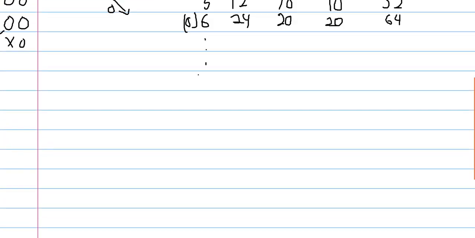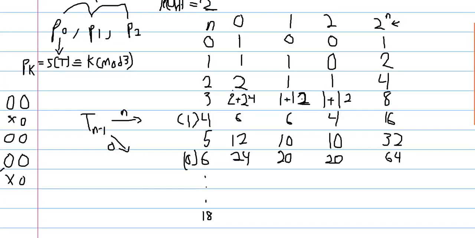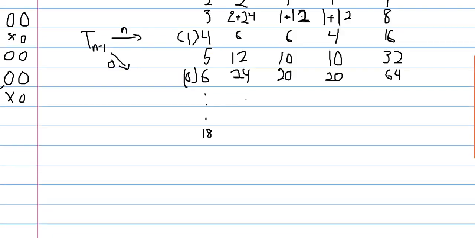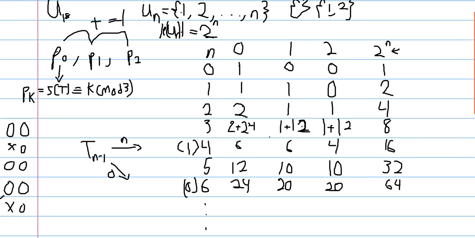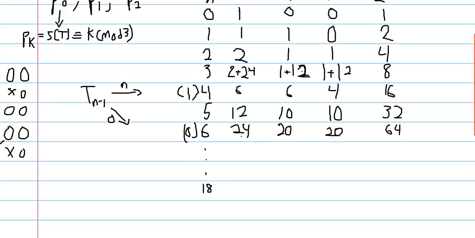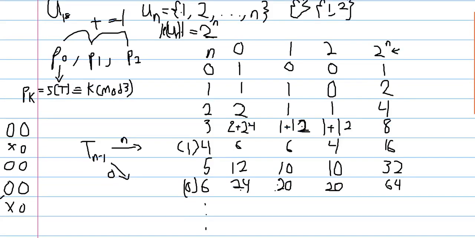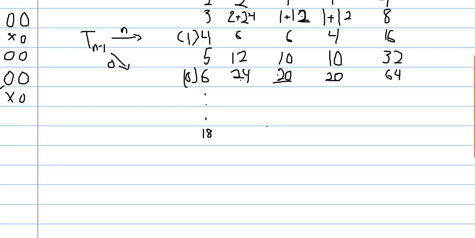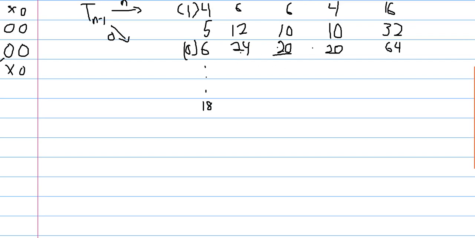And if you continue doing this all the way down until you get to 18, you will get the 0 entry. We're looking for the 0 entry. But the reason why we write all of these columns is because you have to have the other ones to recursively define it.